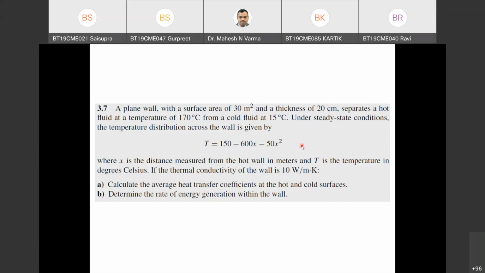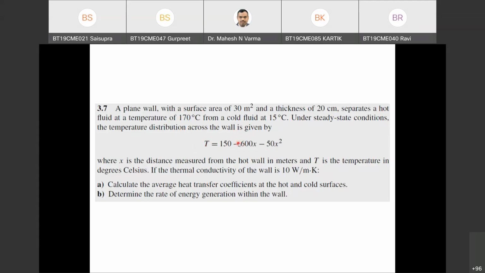As you told, flux will be equal to h into delta T. One temperature is given, so I can calculate the temperature at x equals 0, which will be the hot side temperature. So 170 minus 150, that will be delta T, and flux is minus K into dt by dx.